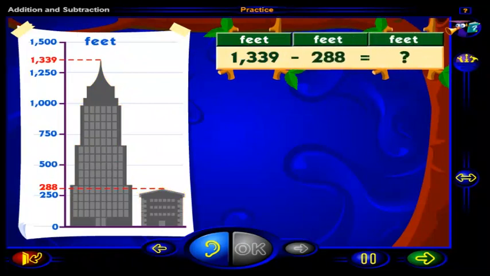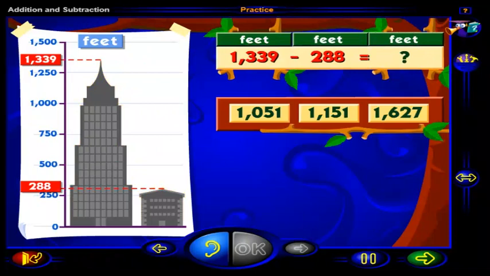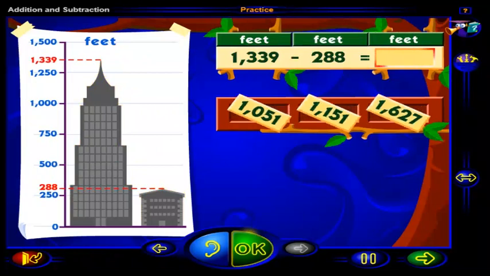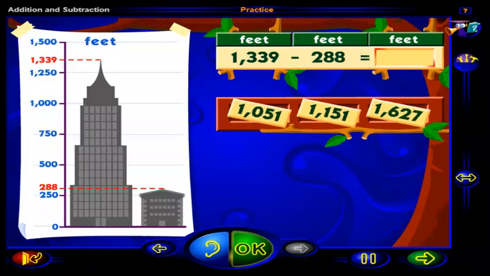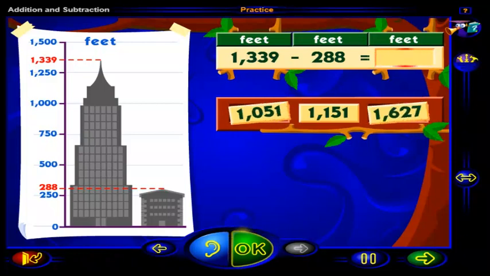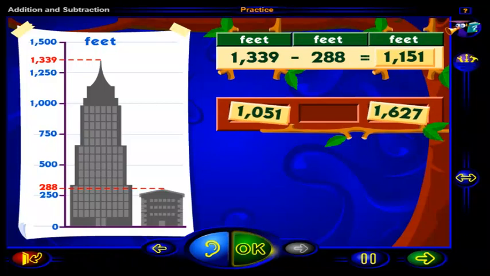What is the difference in feet between these numbers? Drag the number here, then click OK. That's not the difference in feet between these numbers. Try again.